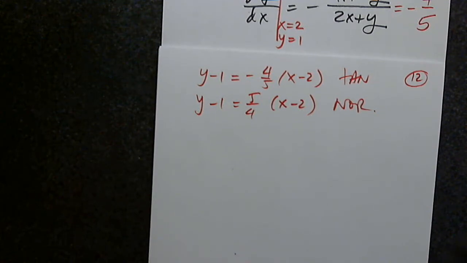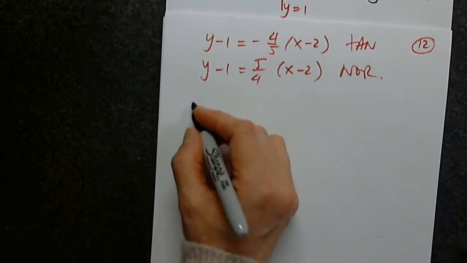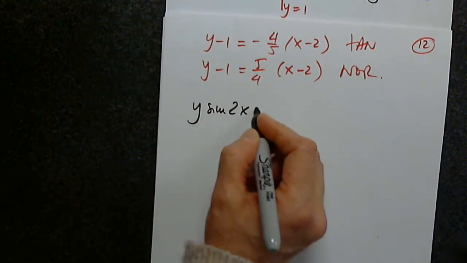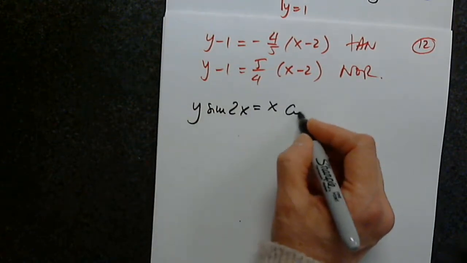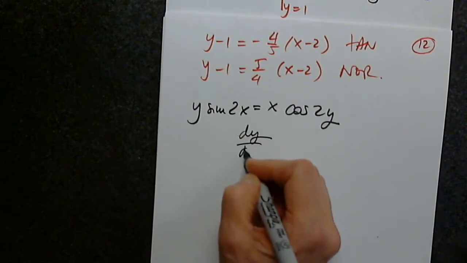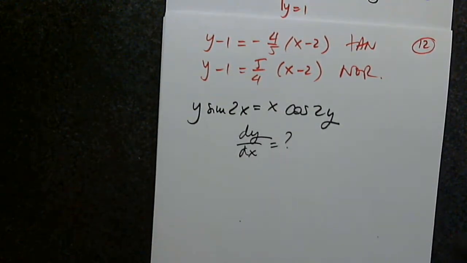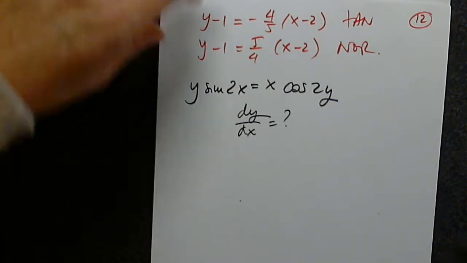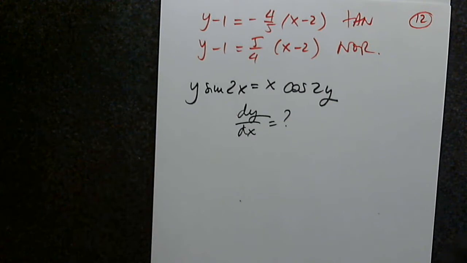Okay, here's an example. And you tell me if this is what you had in mind. Let's say y sine 2x equals x cosine 2y. And we're asked to find dy over dx. Is this a good example? This is implicit. Yes, because we cannot solve for y.